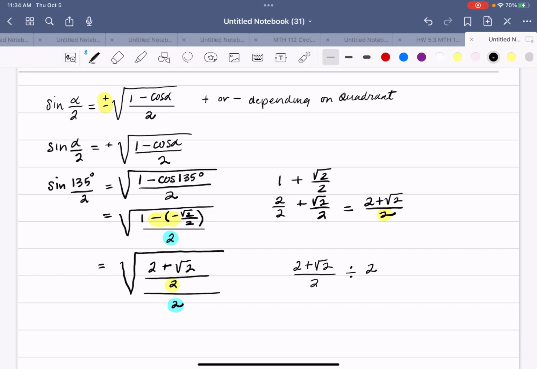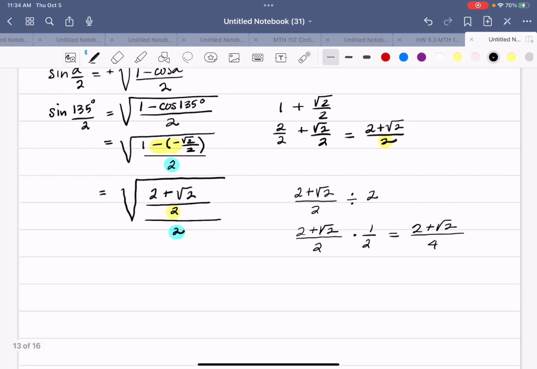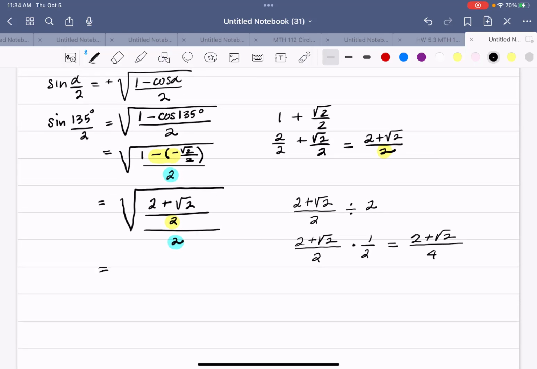Those 2's are not going to cancel out, because it's 2 plus the square root of 2 over 2 times 1/2. So it's 2 plus the square root of 2 over 4. So this is going to be the square root of 2 plus the square root of 2 over 4.